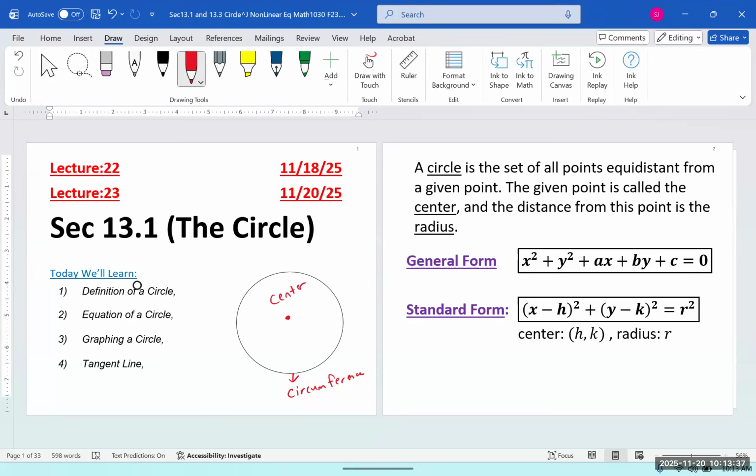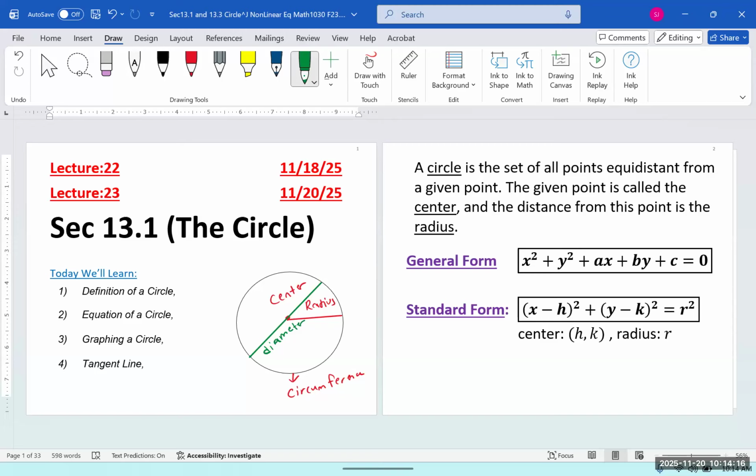The distance between center and the circumference is the radius. And the distance between one point of the circumference to another point of the circumference that goes through the center, that's the diameter. So radius is half of the diameter.